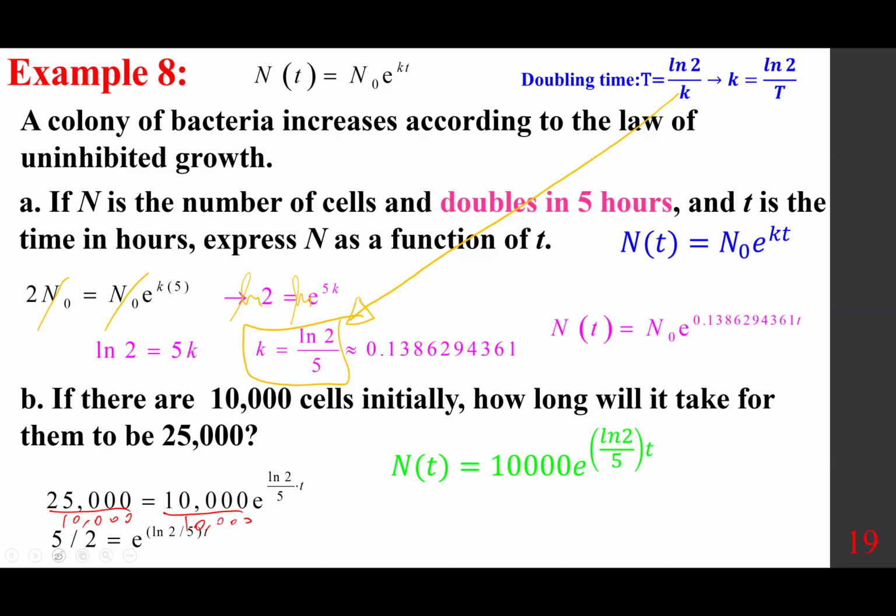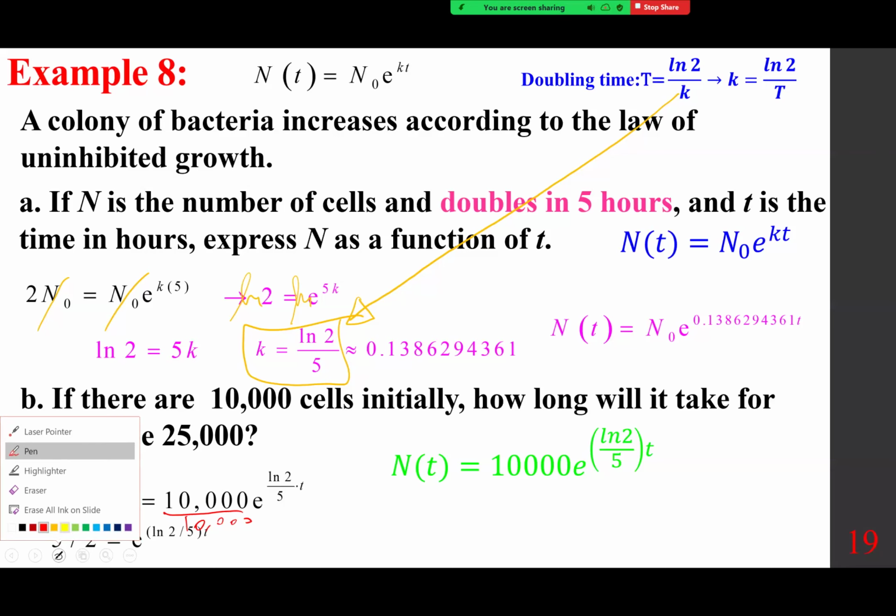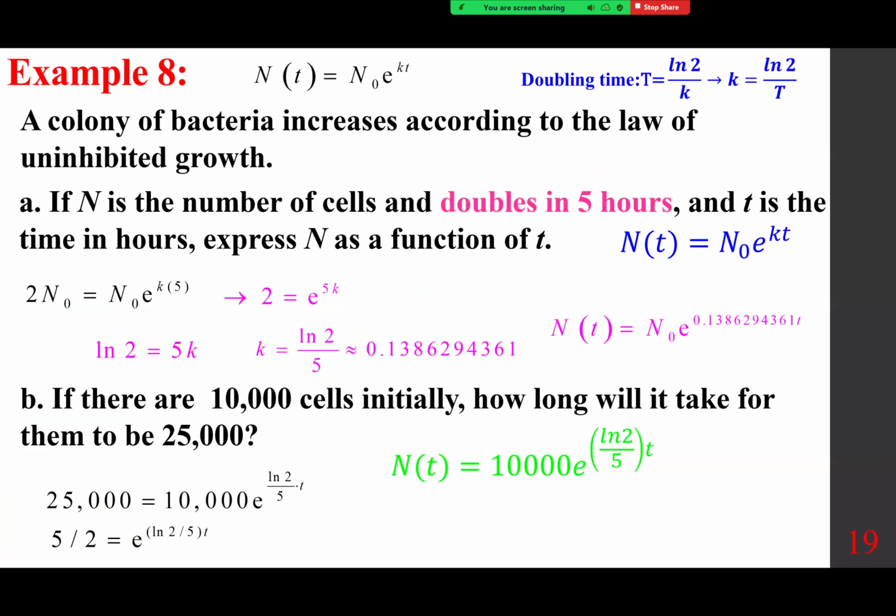And let me erase and show you the next step, taking the natural log of both sides. So ln of the left is ln of 5 halves. Ln of the right is just the exponent, which is ln2 over 5 times t.